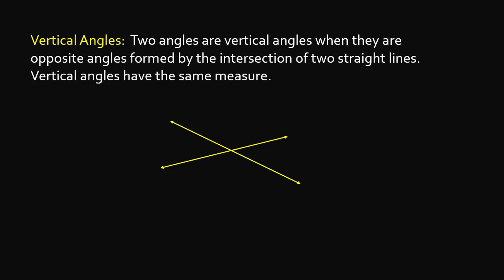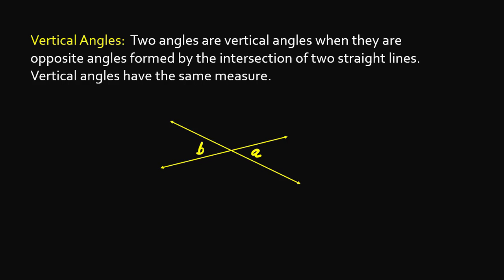Vertical angles. Any two angles are vertical angles when they are opposite angles formed by the intersection of two straight lines. By opposite angles, I mean this.